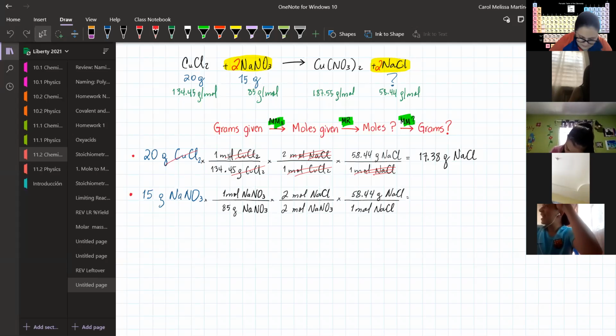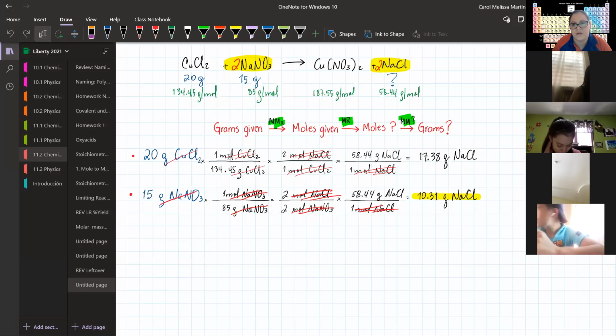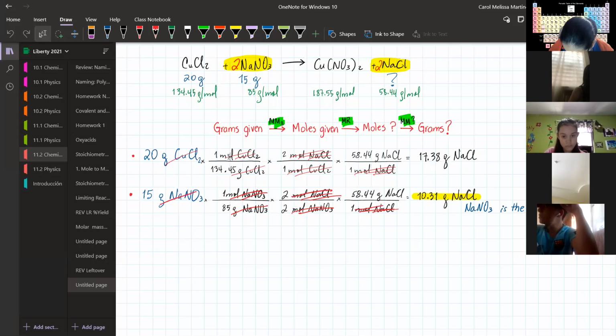How much is this? 10.31. So here, how much can you produce? 10.31. So which one is the limiting reactant? NaNO3 is the limiting reactant. Okay, with this, we already answered two important questions.